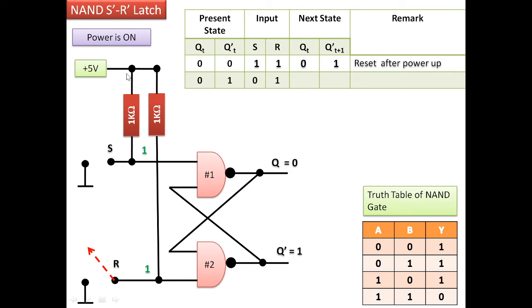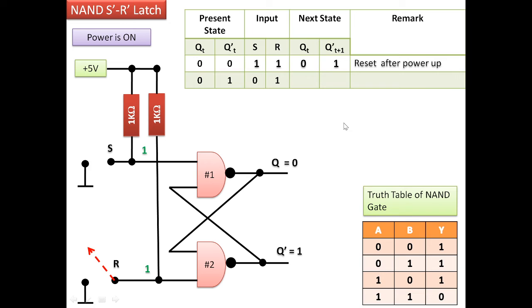Due to the pull-up resistance, S and R are at the default state, that is high. Since this condition is a reset condition, in order to understand the change at the output, we'll have to set this circuit.